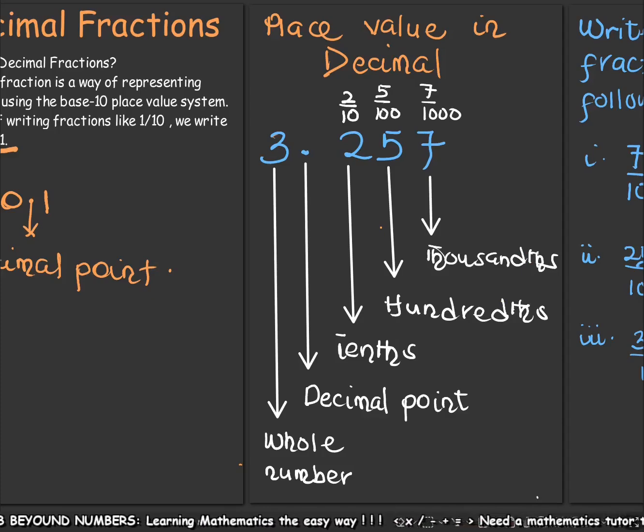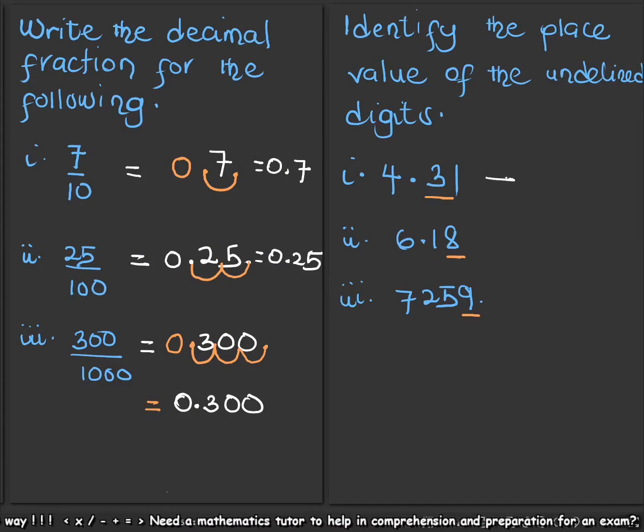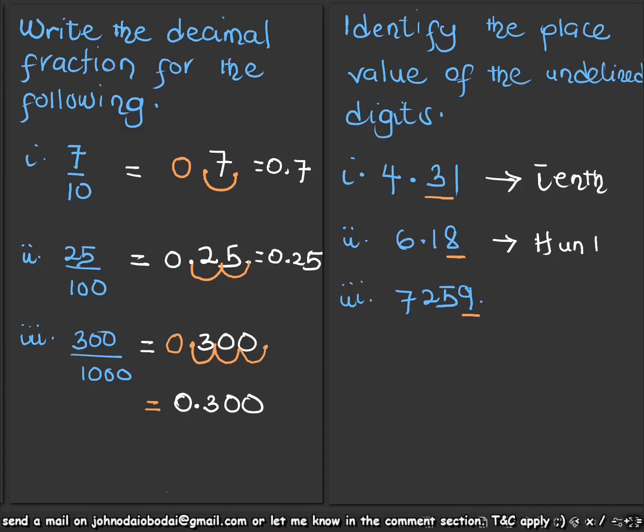It always starts from tenths. And take note of your th. So for this 3 here, its place value is going to be the tenths. For the second one, we know the first digit is the tenths. Then we go to the next digit, which is the hundredths. Hence, our underlined digit's place value is the hundredths.